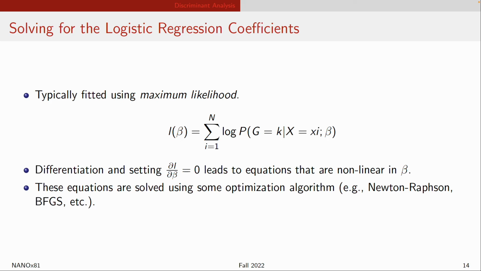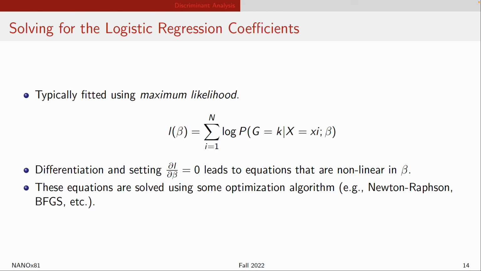In other words, given the data set, I look at the posterior probabilities, define the likelihood as this, and solve for the coefficients that maximize this likelihood function, right?